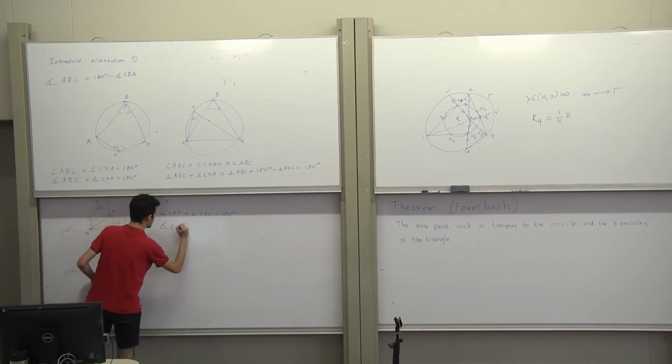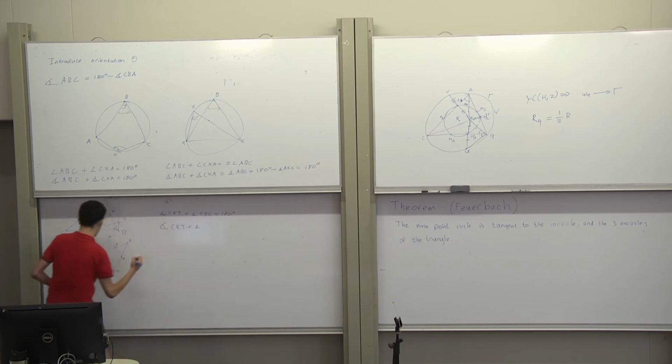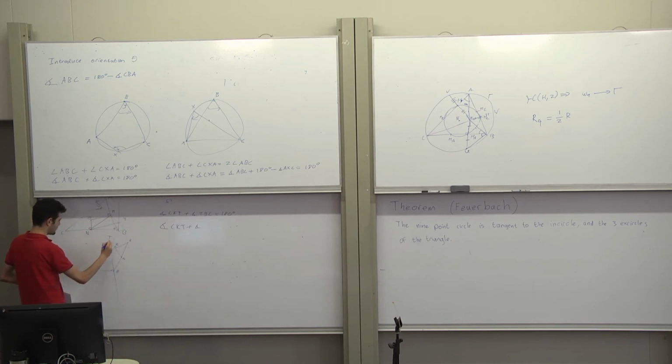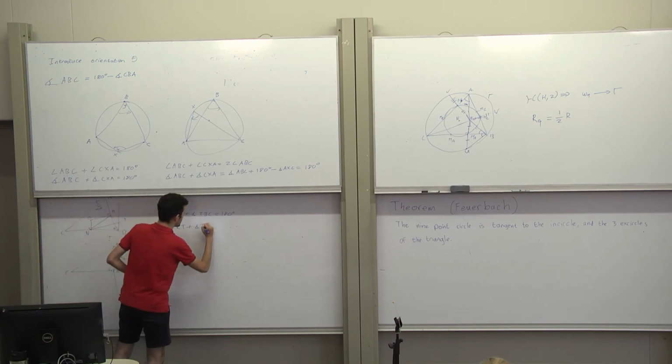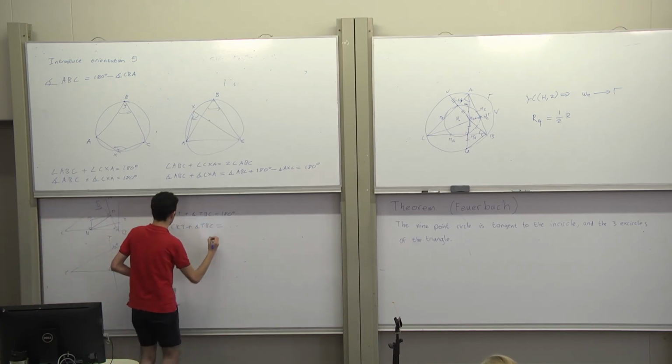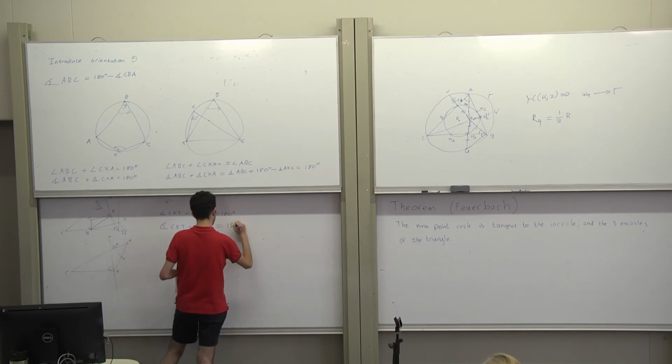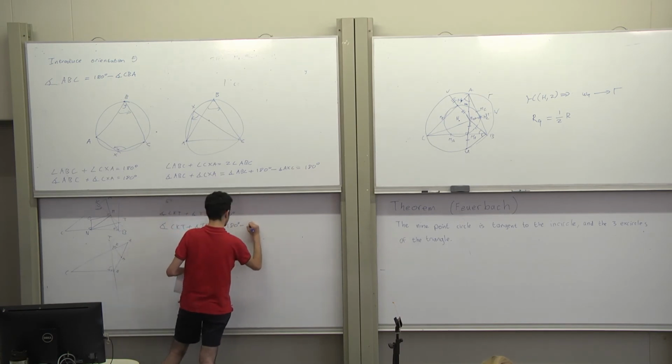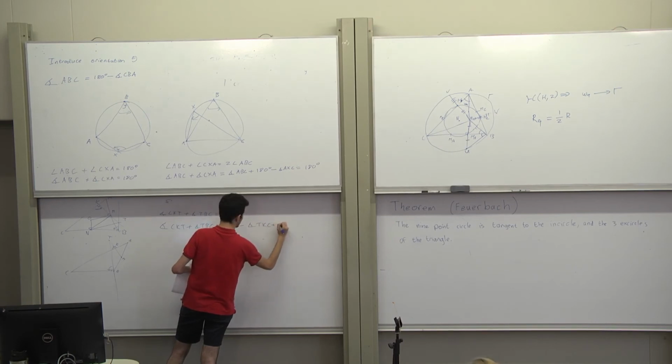CKT, which is going like that, which is clockwise, so that's going backwards. And then TBC, that's anti-clockwise, that's fine. Then equal to 180 degrees minus angle TKC plus angle TBC.